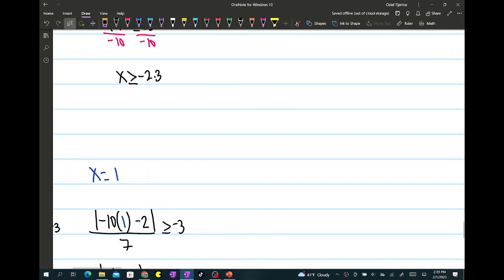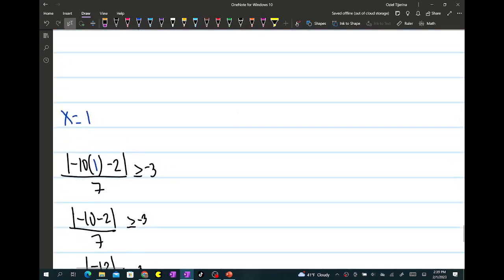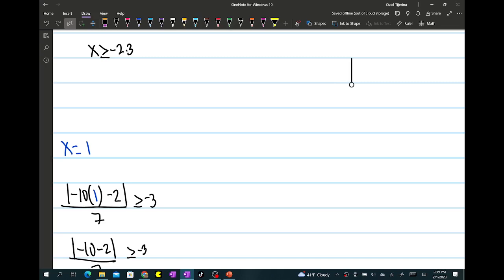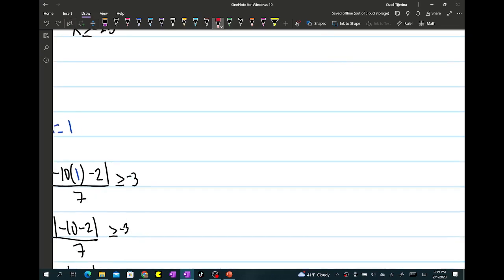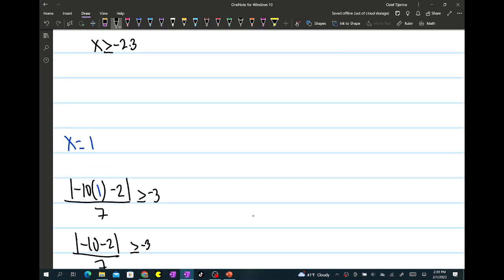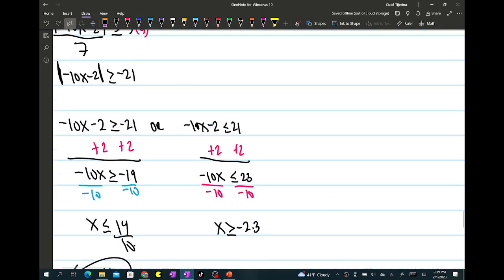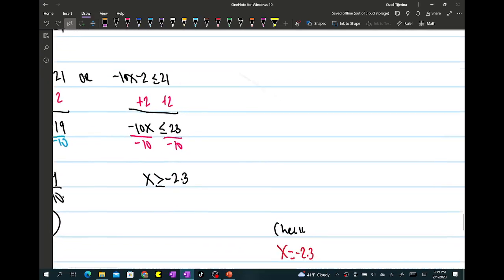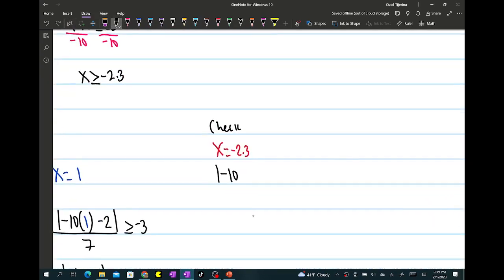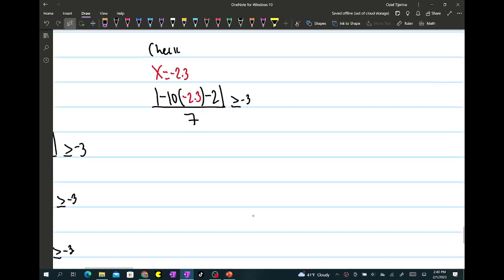Now I'm going to do x is greater than or equal to negative 2.3. So again, I'm going to go ahead and do the exact same thing. I'm first going to make it equal to negative 2.3. So if I check x equals negative 2.3, I'm going to get the absolute value of negative 10 times negative 2.3, minus 2 all over 7 is greater than or equal to negative 3, right?